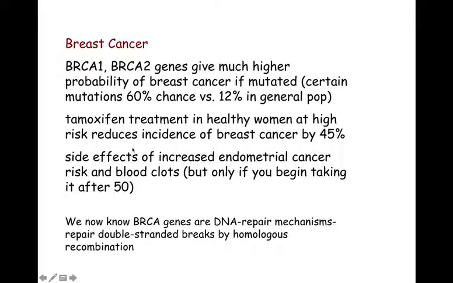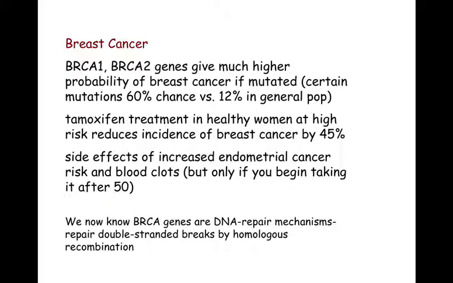These are the general chemotherapy drugs that have big side effects, like nausea and hair loss. They also have the side effect of increasing endometrial cancer, so you reduce the incidence of breast cancer, but you increase the risk of endometrial cancer, and also blood clots. But those increased risks are only a problem typically after menopause, after age 50, which for most women is after menopause.